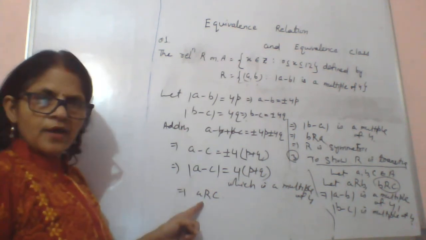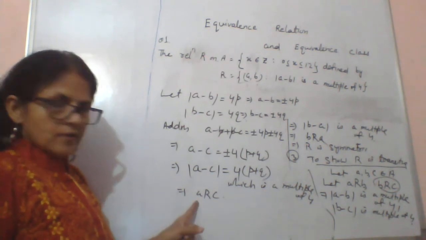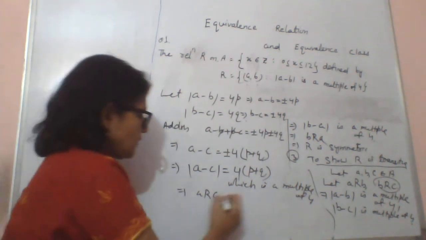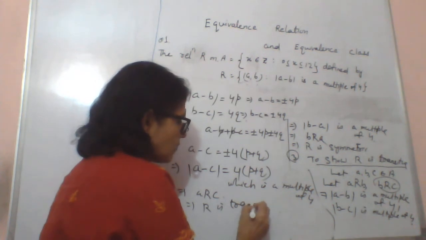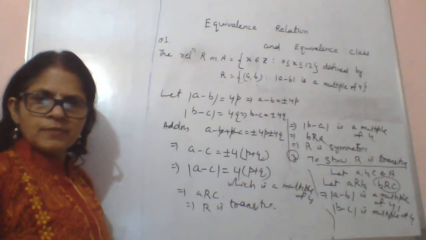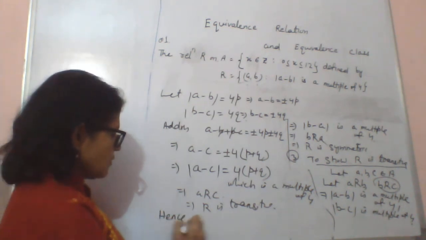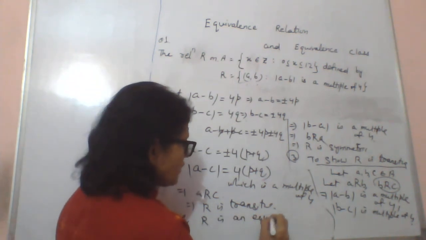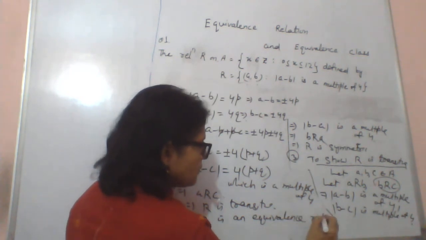It implies ARC. So A is related to B, B is related to C implies A is similarly related to C. So this implies R is transitive. Since R is reflexive, symmetric and transitive, we can conclude hence R is an equivalence relation.